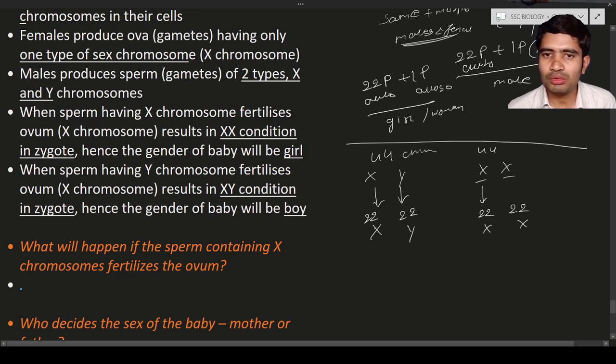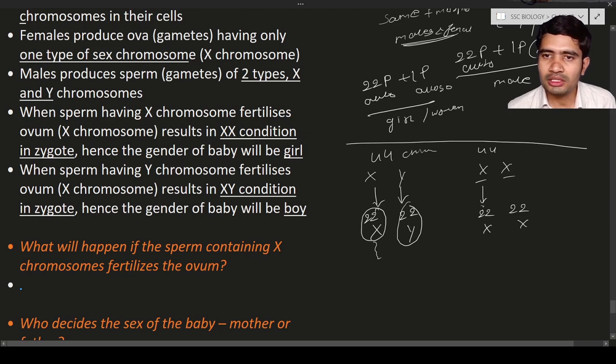The males produce a gamete called spermatozoa. One type of spermatozoa contains 22 plus X chromosomes, and another type contains 22 chromosomes plus Y chromosome.